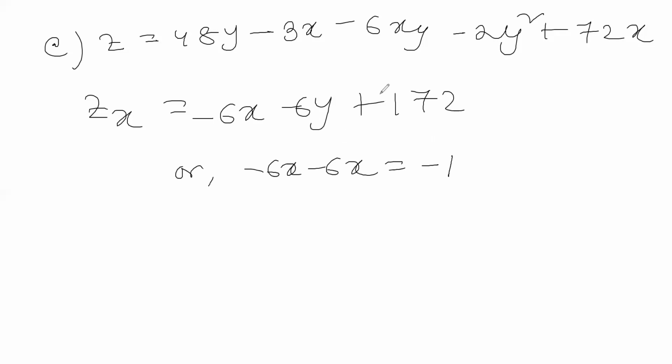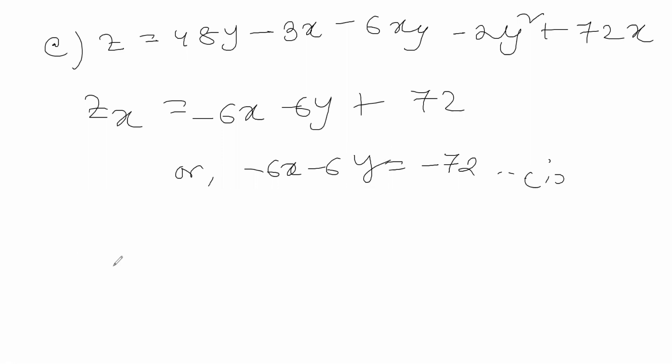This is not 172, this is just 72, sorry. So minus 6x minus 6y, which is equal to negative 72. Suppose this is equation number 1.